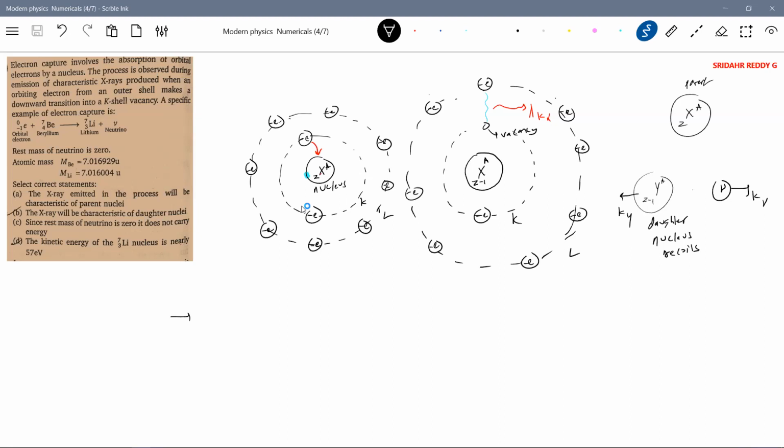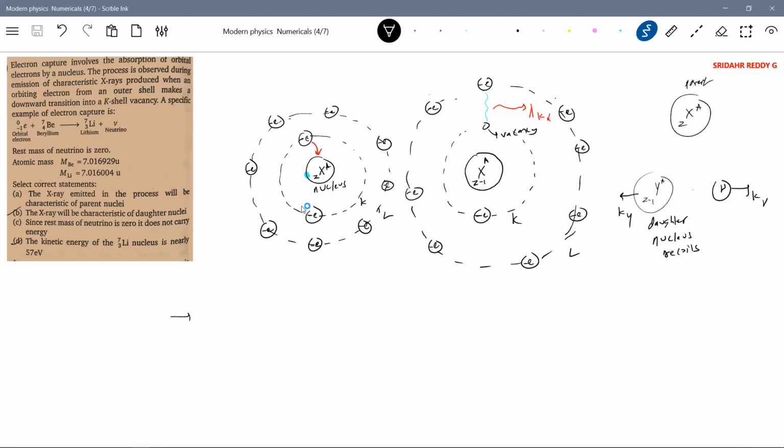In beta decay, the energy is shared between the beta particle and the neutrino depending upon chance. But here the neutrino will be monoenergetic. It's a very important feature to remember.